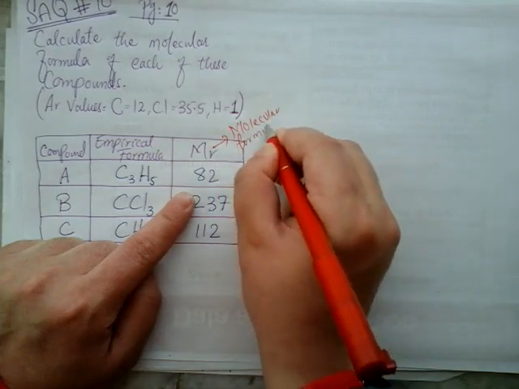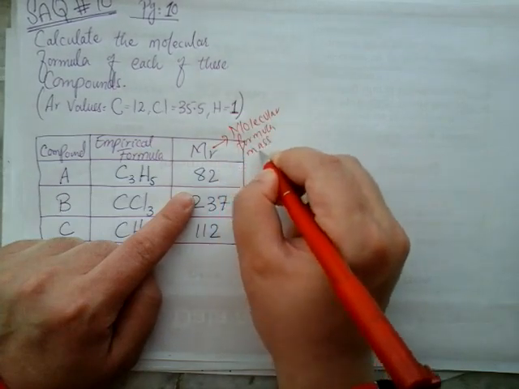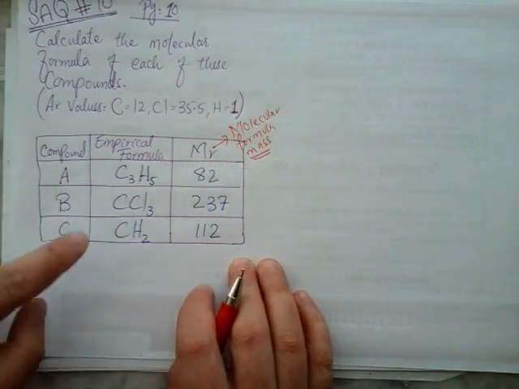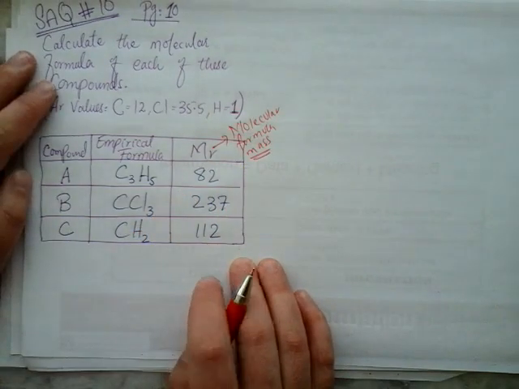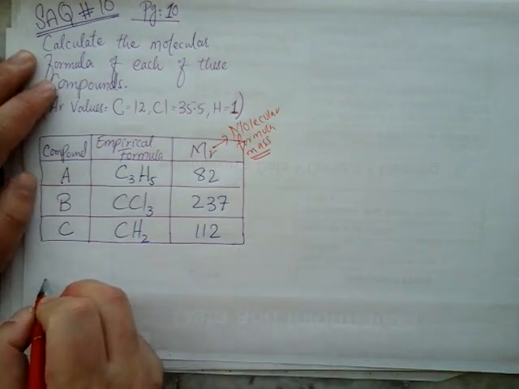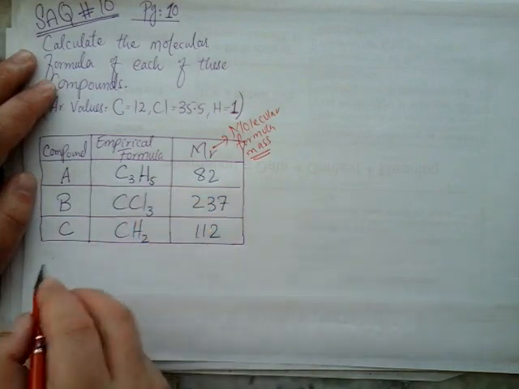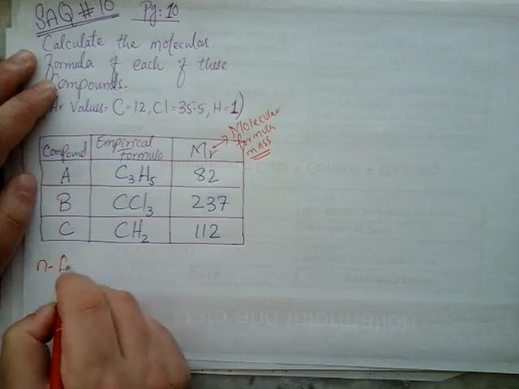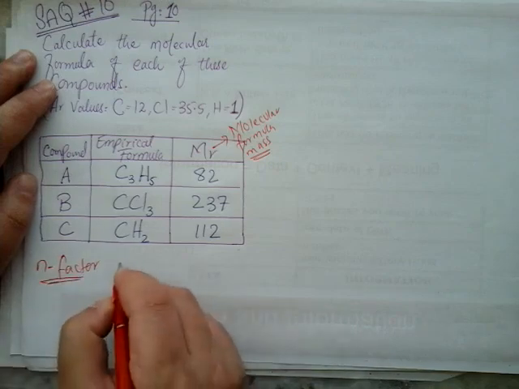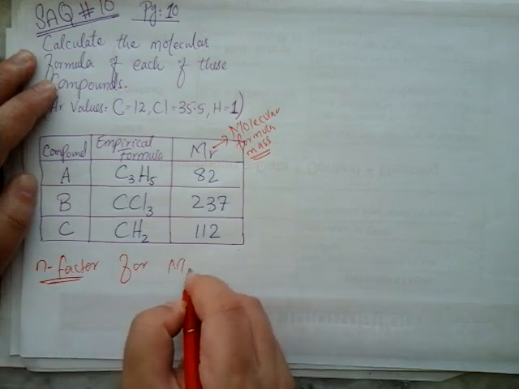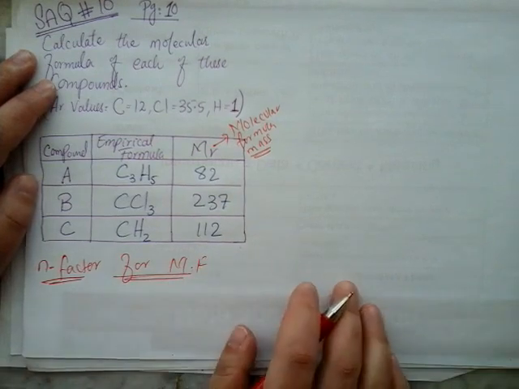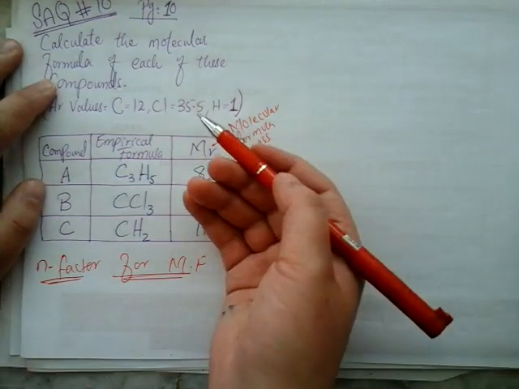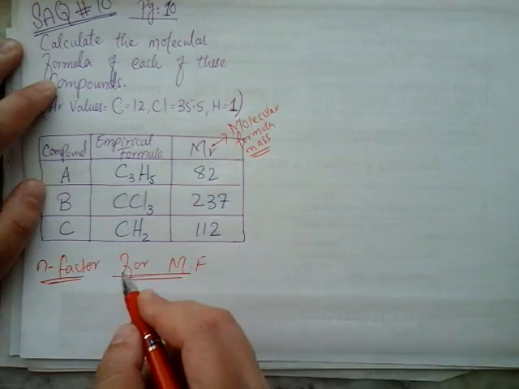Is that clear? So starting from A, you just need to find the n factor for the molecular formula, because there is no percentage composition and no gram weight.